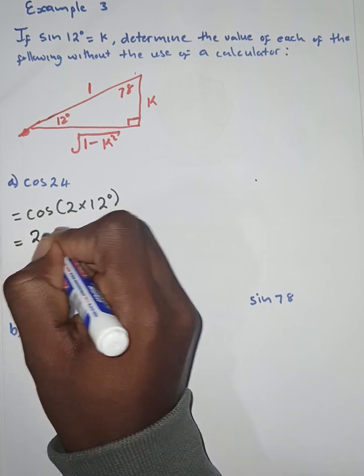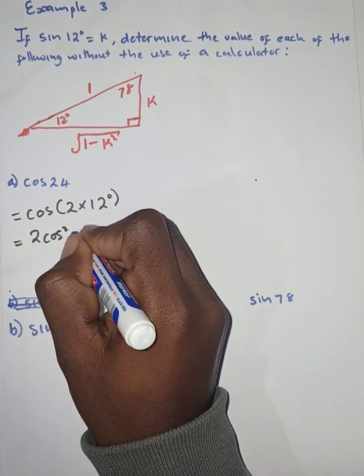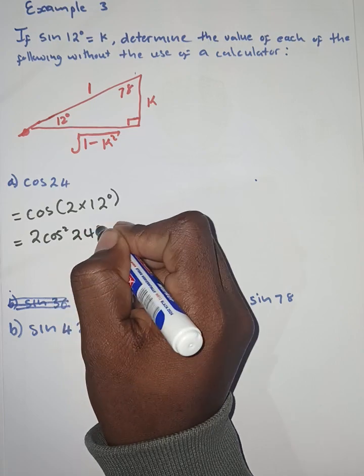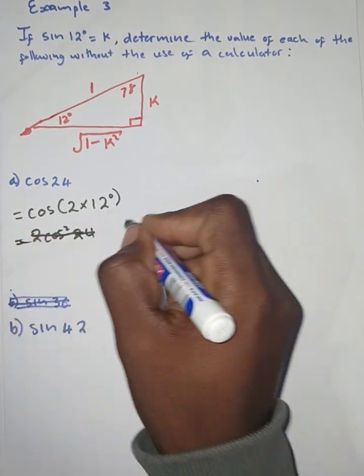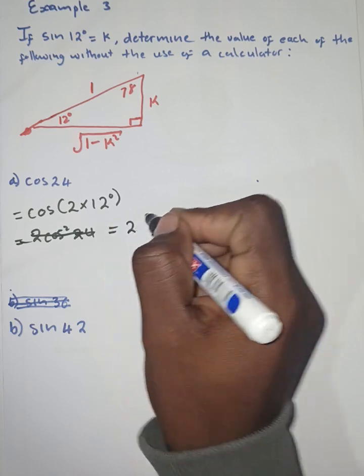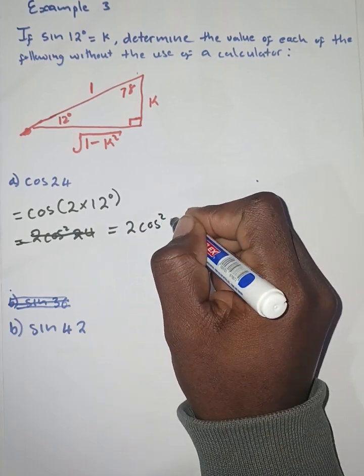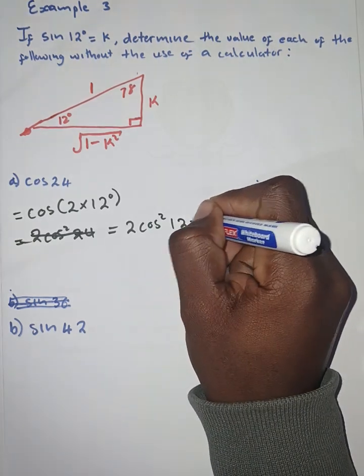So this would be 2 cos squared of 12. I'm writing a mess there. So this will be 2 cos squared of 12, and of course we subtract 1 there.